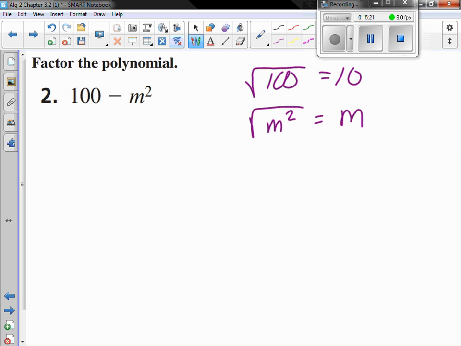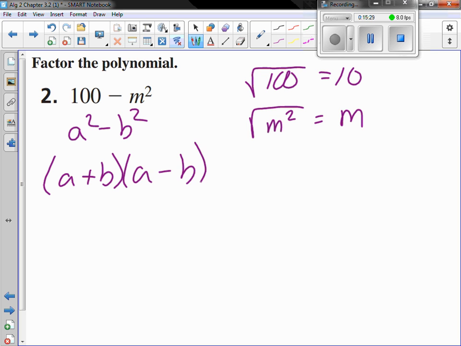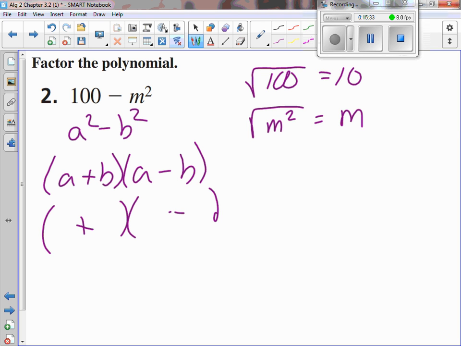So really we're modeling this after a squared minus b squared, which is a plus b times a minus b. Now what's the value of a? Great question. Yes. So after the negative, we can deal with the 100 being positive. So the 100 would be a squared, and a would be 10. What's the value of b?